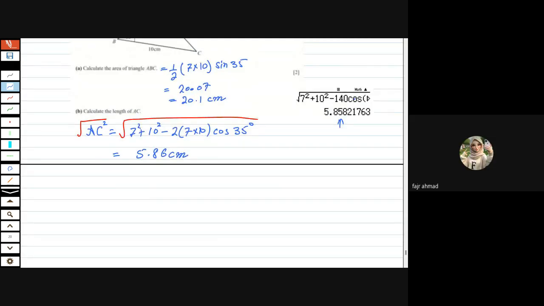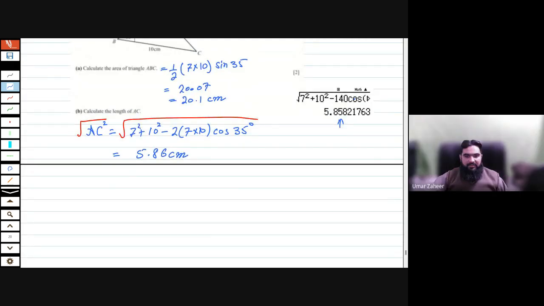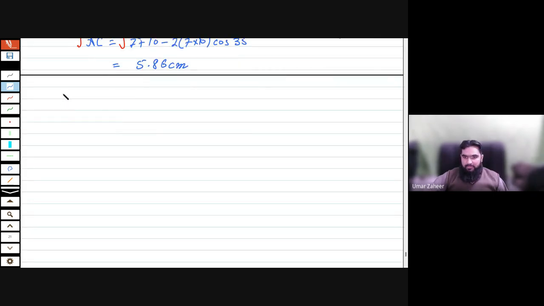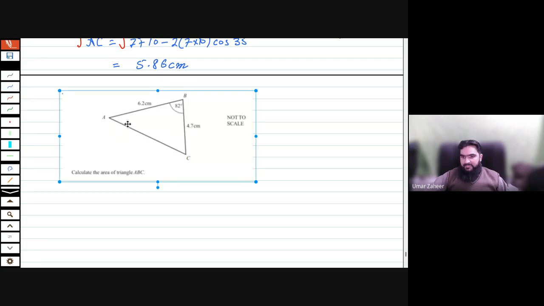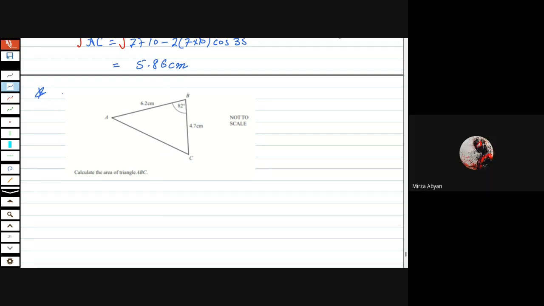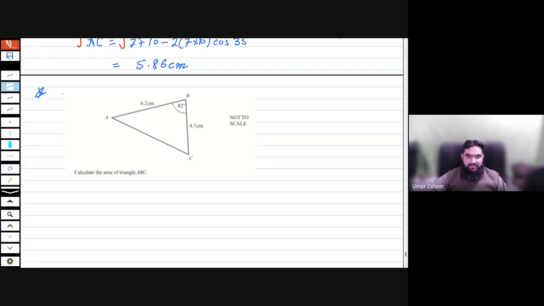Yes, sir. Now we have to go for the next one. Yes, Mirza Bian, can you please tell me about this one? How can you find the area?